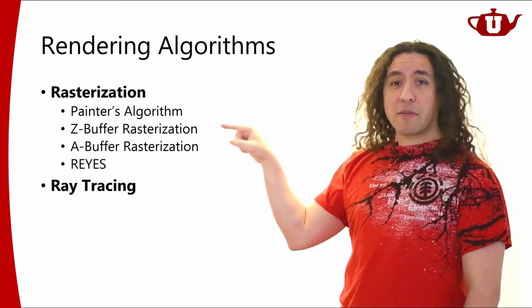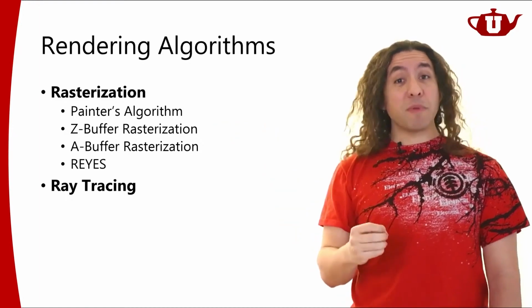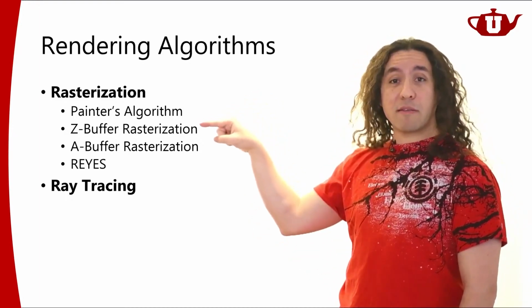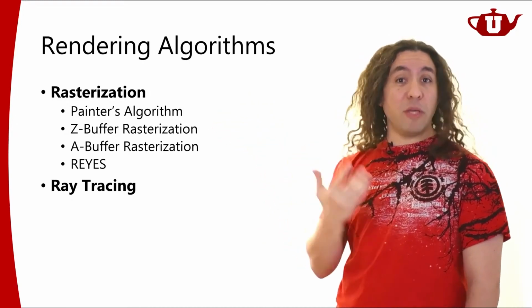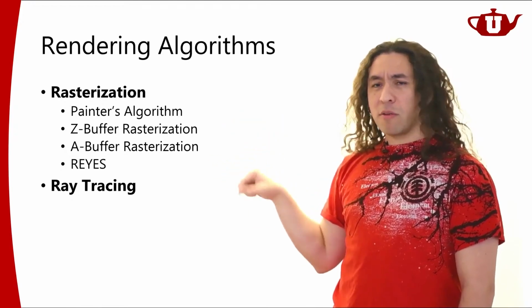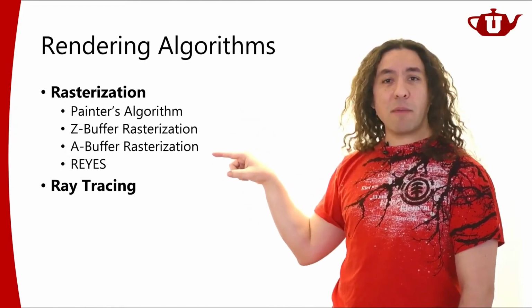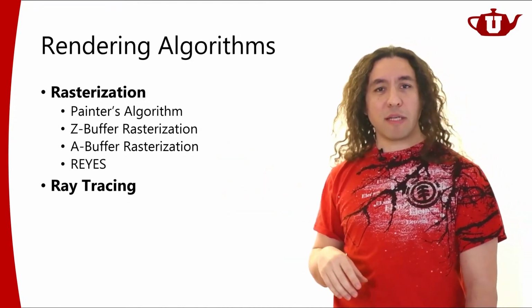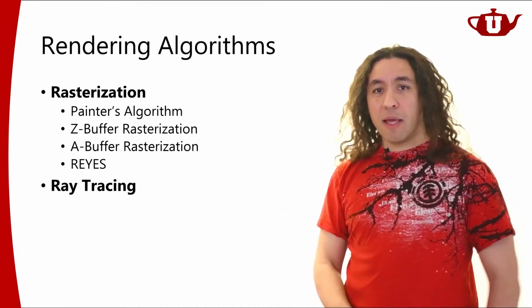The most popular rasterization-based algorithm, possibly the most commonly used algorithm in the world, is Z-buffer rasterization, because that's what our GPUs do. And we're going to talk about that quite a bit. And then we'll also talk briefly about the A-buffer and Reyes, which are different, more advanced offline rendering algorithms using rasterization.